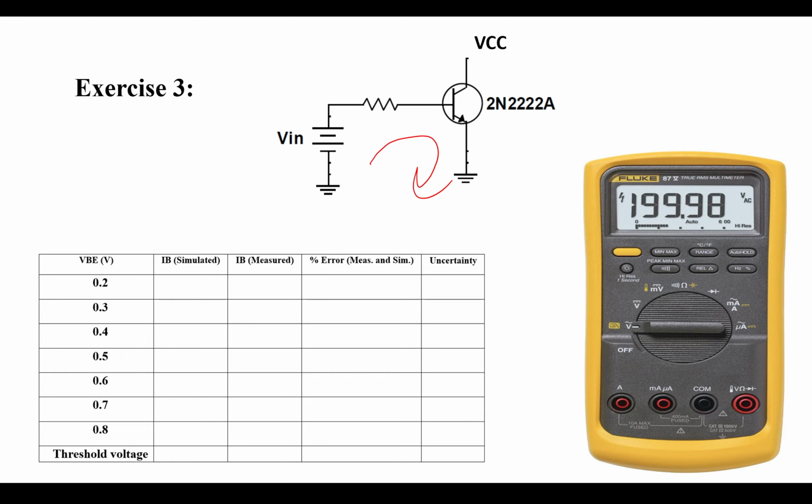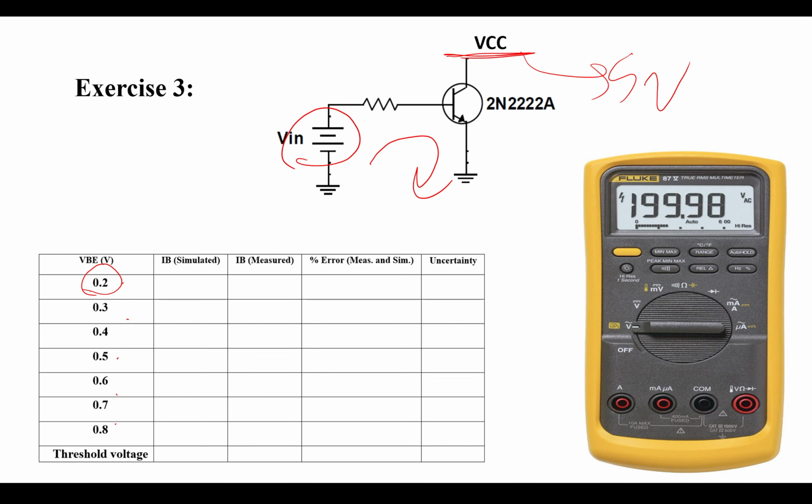Okay, now you set the voltage of base and emitter. This is one constant voltage. You can use 5. I think it's 5 volt based on the assignment. You can use another channel of the DC source for base emitter voltage here. Okay, and start increasing the voltage.